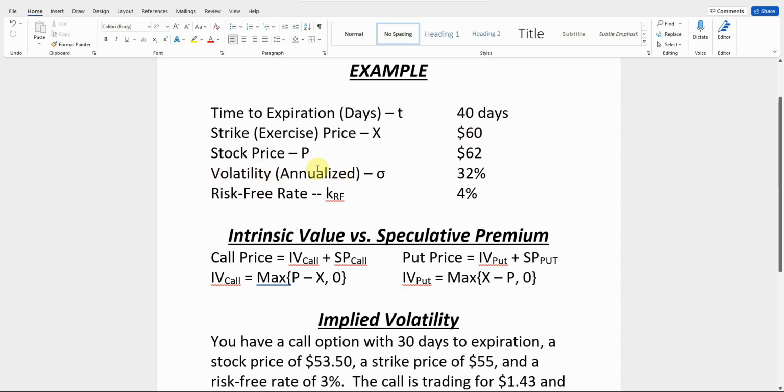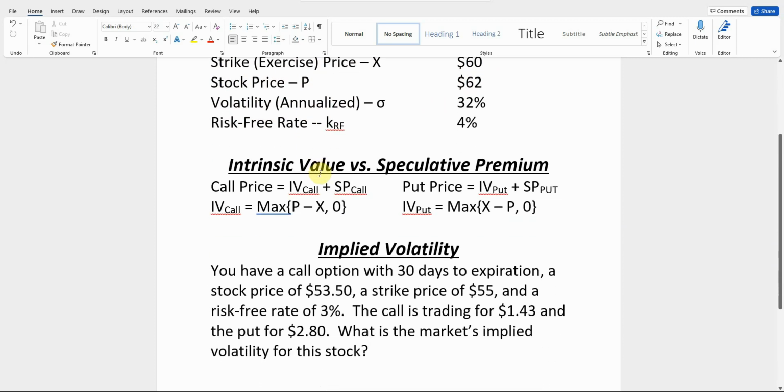Because remember, it's not what volatility has been, it's what volatility is going to be going forward. So I can look up what the option is trading for. I can know the other things. What I don't know is the volatility. But if I know what the option is trading for, and I know the other 4 things, I can figure out what the volatility is.